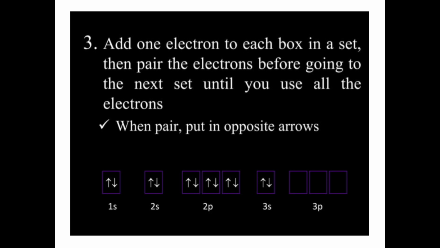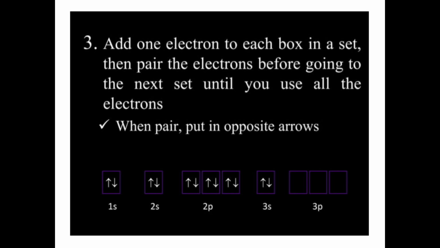If you are writing for magnesium, magnesium is 1s2. So you fill the 1s first, which is 1s2. Since it's 2 electrons, one must face up and one must face down, according to Pauli's exclusion principle.